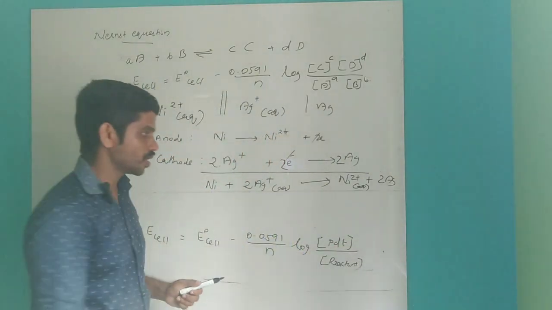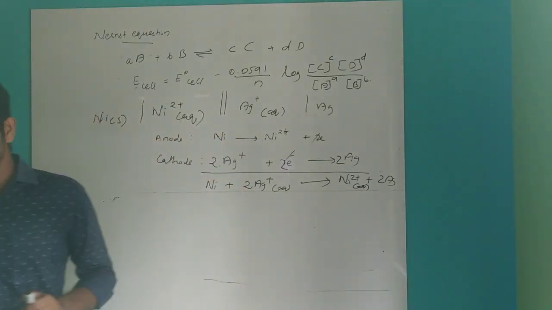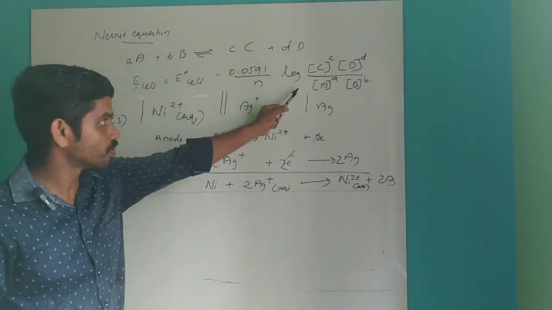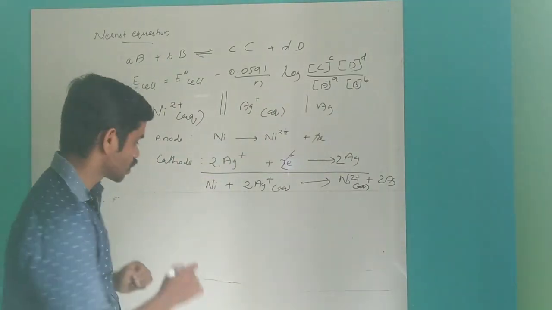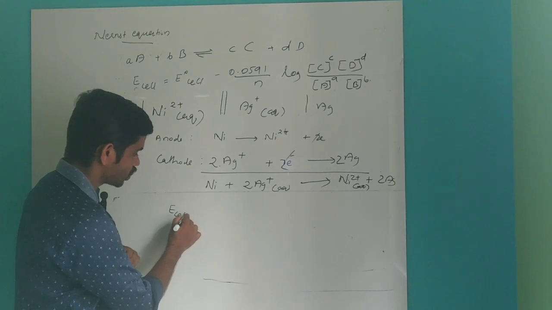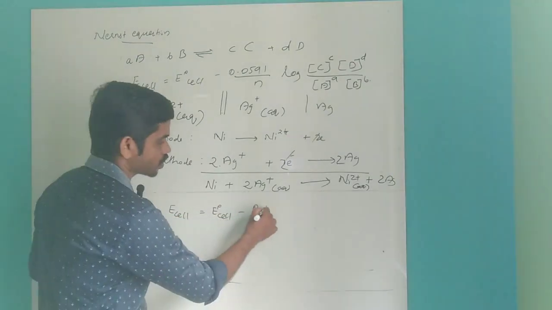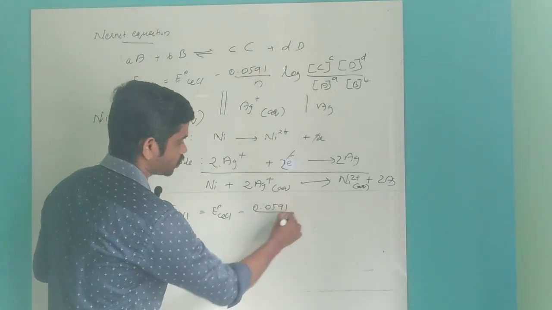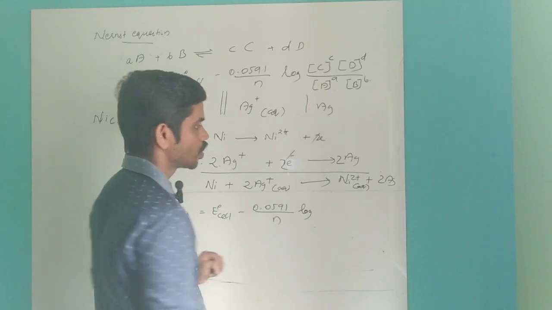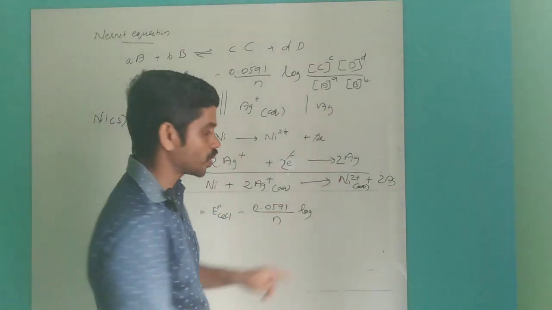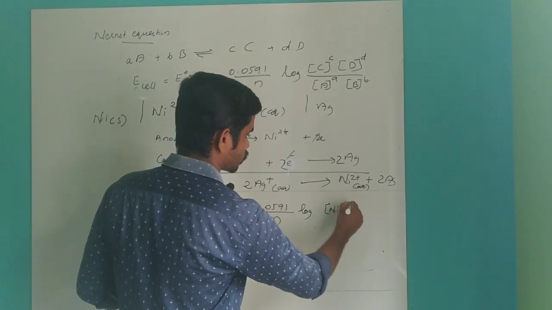Okay, right? Now you see, this is our equation. So can you write the Nernst equation? E cell is equal to E0 cell minus 0.0591 by n log of the concentration of the product, that is nickel 2 plus.